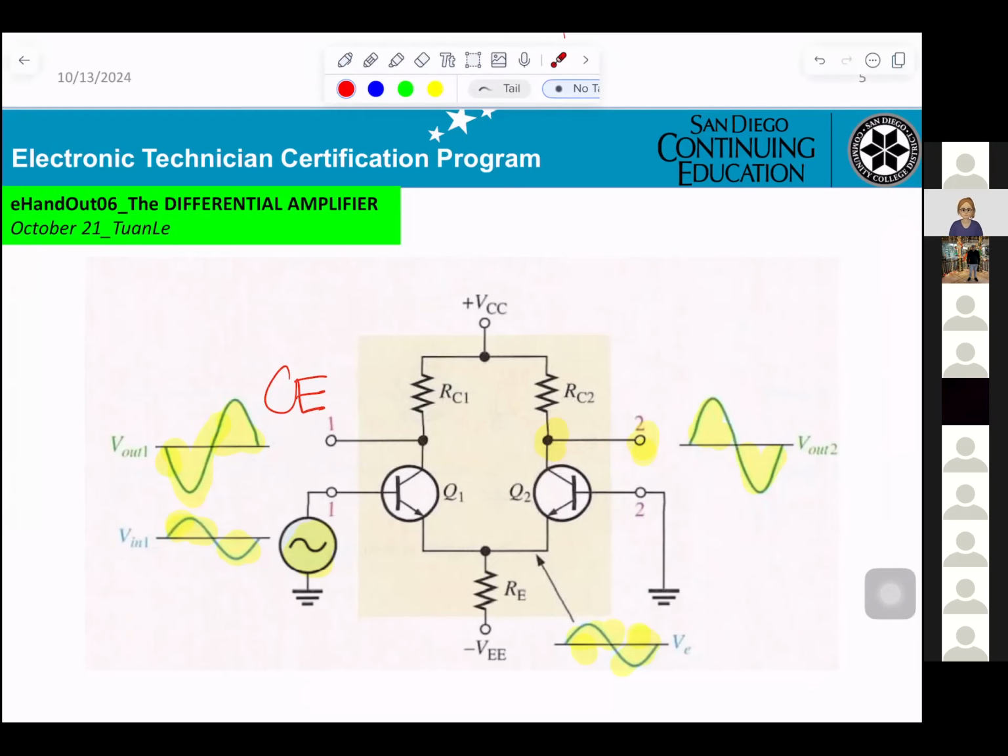And then you're looking at Q2, input applied to the emitter, output from the collector. So it will be a CB amplifier, and in a CB amplifier, input and output will be in phase. That's the only thing we need to know before we can move further.